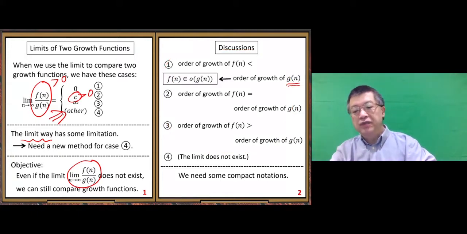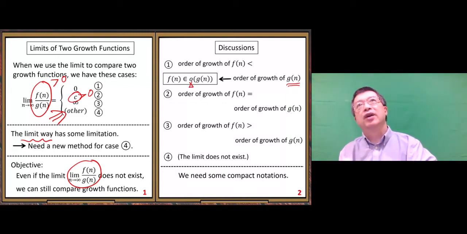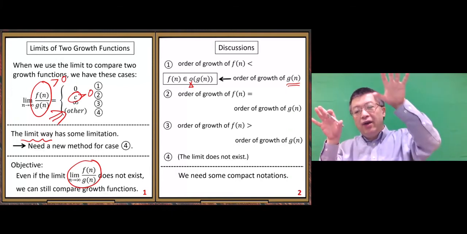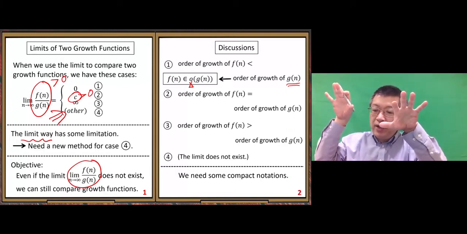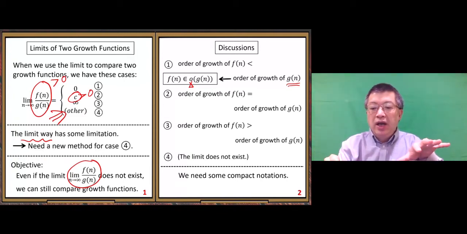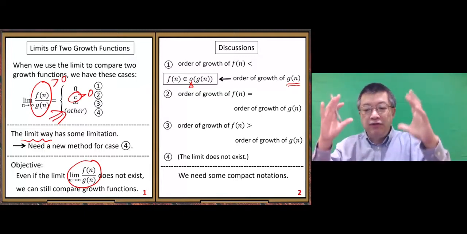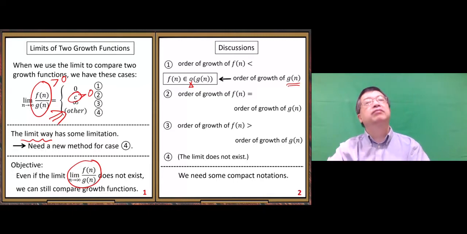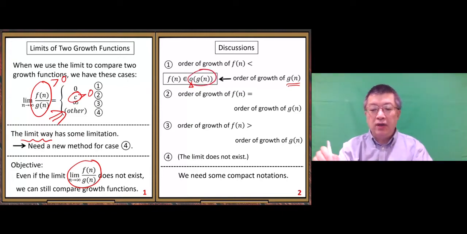For the first case, we introduce the little o notation. When we say order of growth of f of n is less than order of growth of g of n, we just write f of n belongs to little o of g of n. What's the meaning of that? This is our first asymptotic notation.